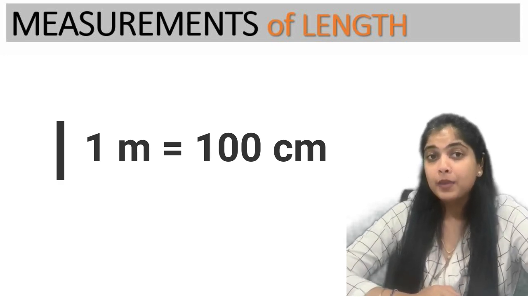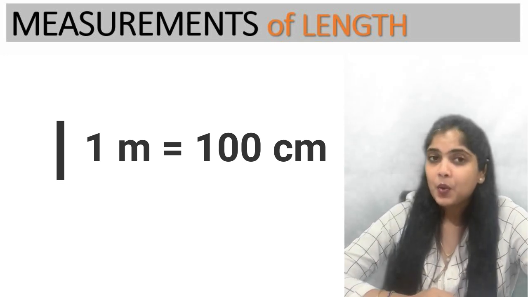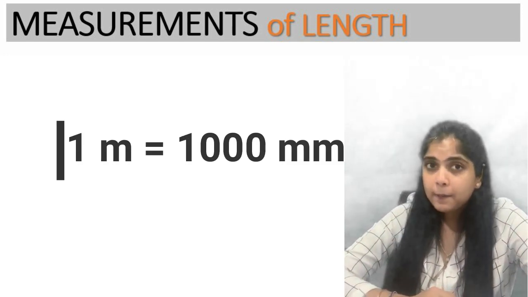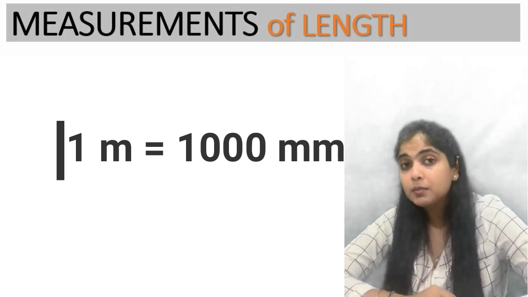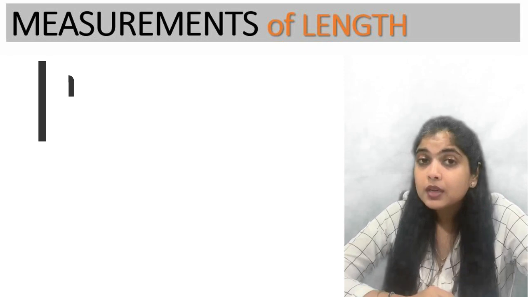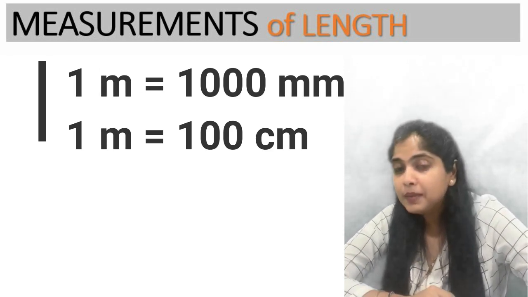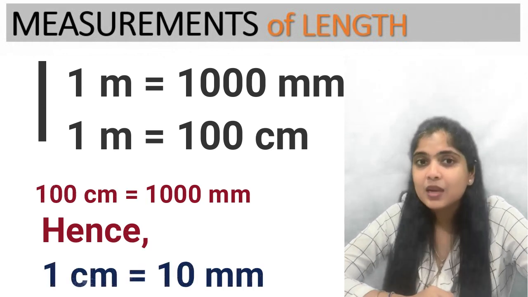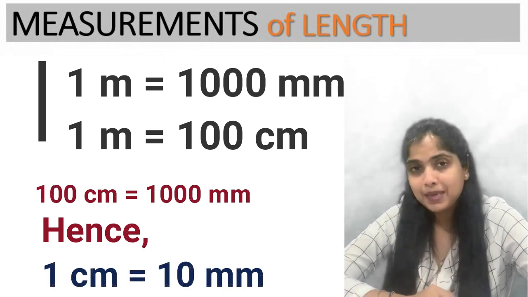And now from meter to millimeter, well, milli stands for 1000. And 1 meter is equal to 1000 millimeter. That is why if you want to convert centimeters to millimeters, well, 1 centimeter is equal to 10 millimeters.